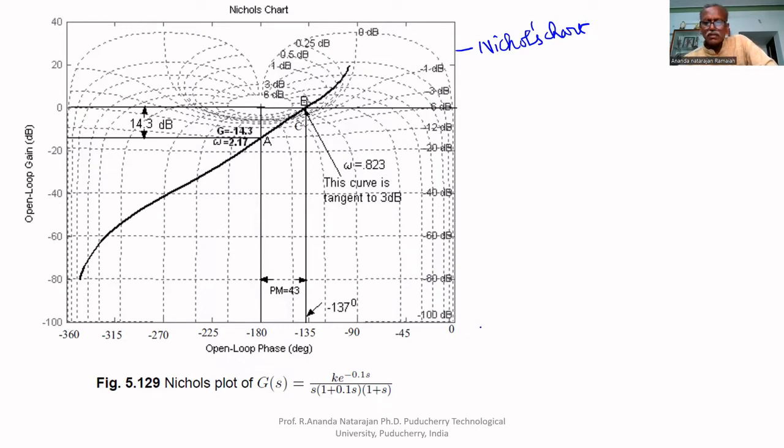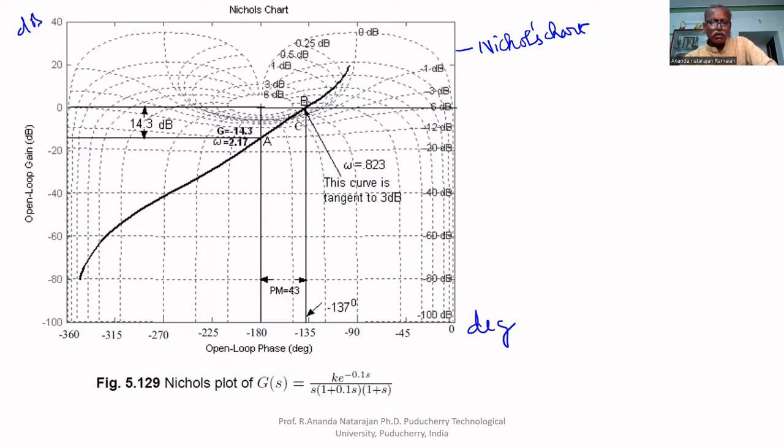Here, the x-axis is in degrees and the y-axis is in dB. In the same scale, the M circles and N circles are plotted. Here you can see that the M circles are plotted in decibel scale.